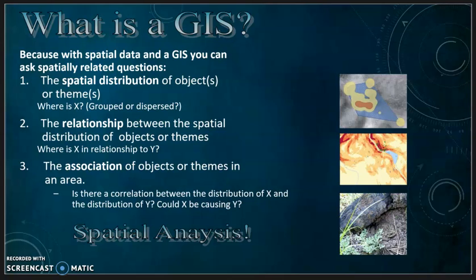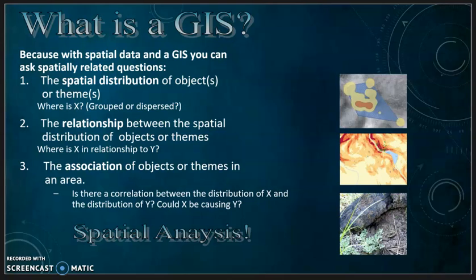You guys should be familiar with this process based off of the last discussion exercise. And so I'm going to go over my salamander example again. So maybe I would like to visualize the distribution of my salamanders. And this would be the spatial distribution, analytical theory. So are my salamanders grouped together? Are they more dispersed? Are they all found in a certain bioregion? We can also look at relationship between spatial distribution of objects or themes.